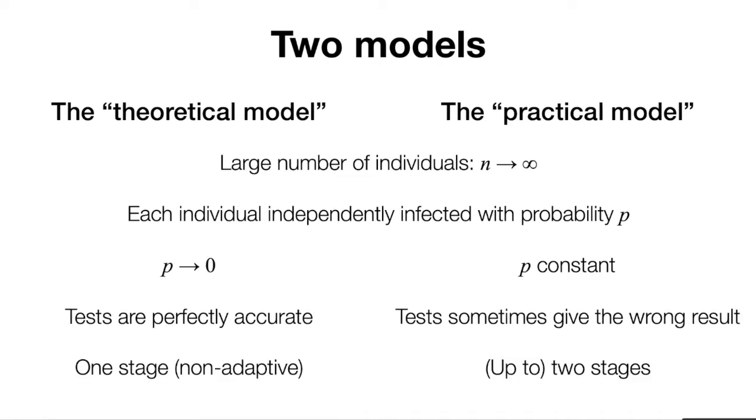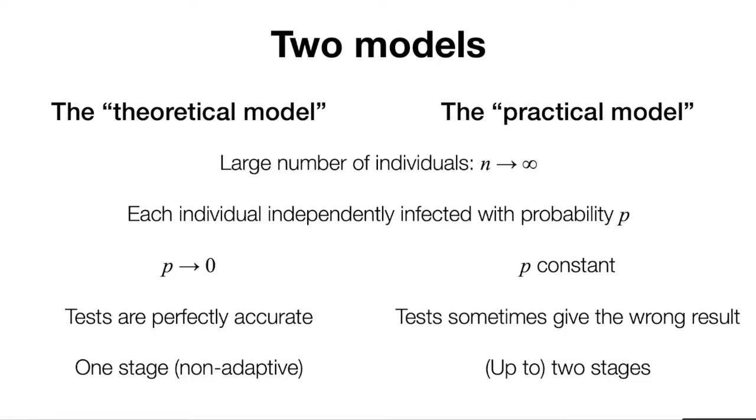However, there are some differences in the model. In the theoretical model that people have been studying recently over the past few years, they often take the prevalence to be tending to 0 as the number of individuals gets big. However, in practice, it seems more likely that for the current pandemic, we'll likely have p constant, maybe 2% or 5% of people have the disease, but we don't expect that to change as we test more people.